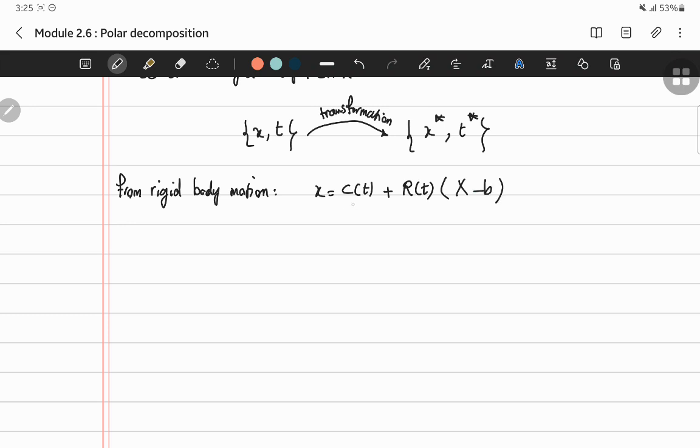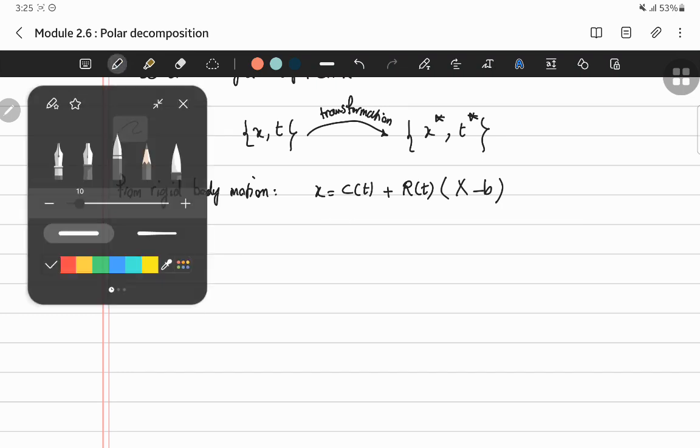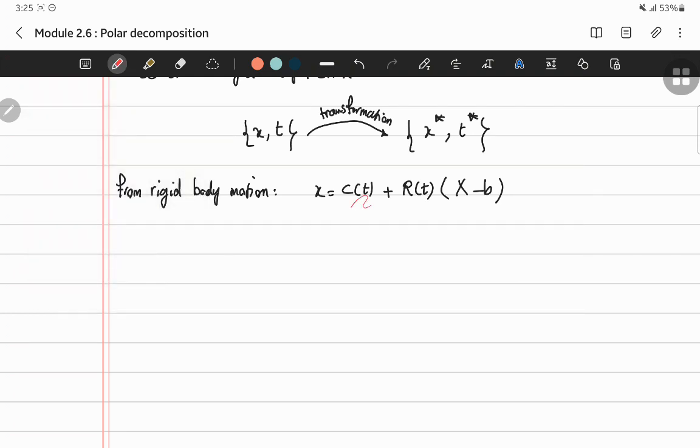Here, we call this c(t) the relative displacement.